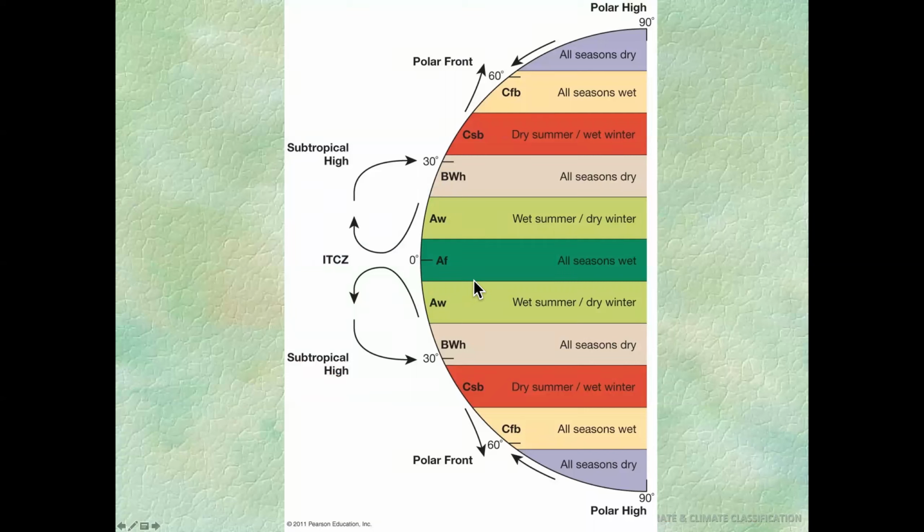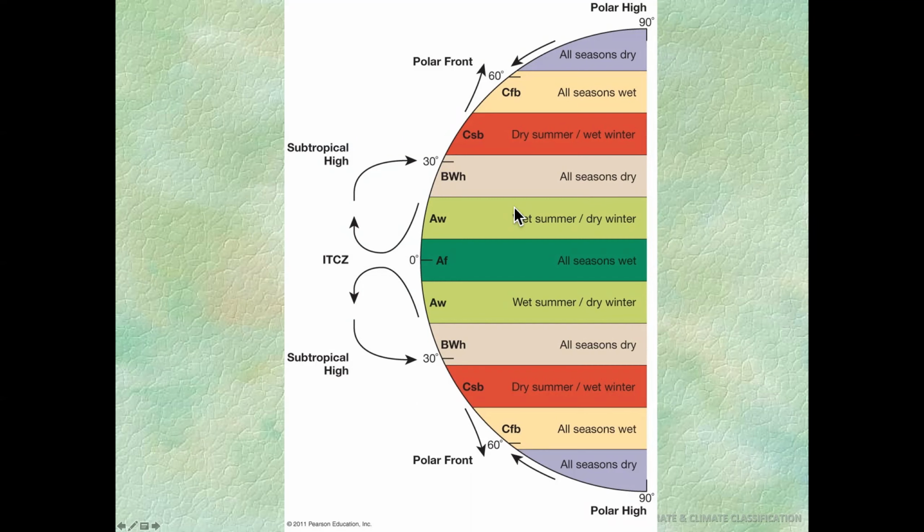The idea of looking at climate ties back to the global circulation model. Remember, low at the ITCZ, high pressure on either side, low pressure on either side of that, and high pressure at the poles, means you tend to have all seasons wet near the equator, all seasons dry near those high pressure cells, all seasons wet where you have the polar lows or mid-latitude cyclones, and then all seasons dry when you get to the polar regions.